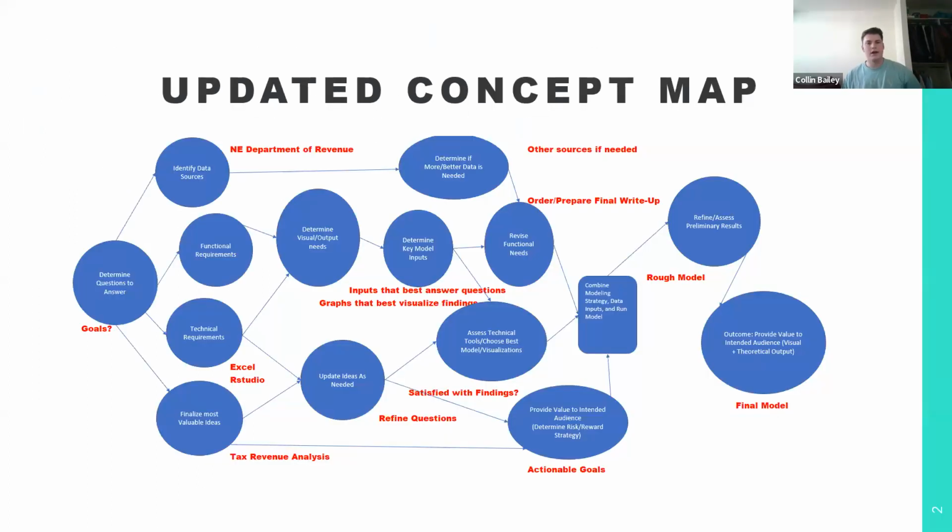So first, throughout the semester, there have been multiple points where we have done different stages of a business project proposal. For myself, I wanted to look at tax return analysis and different ways that state government officials could look at tax information and determine which credits are being most taken advantage of, as well as where more revenue can be found.